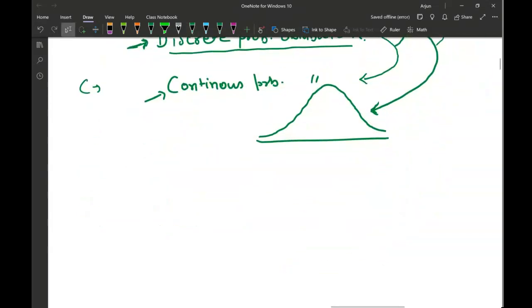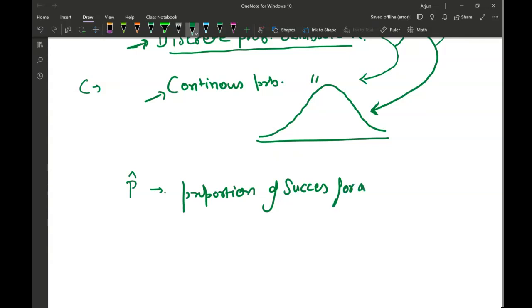When we talk about the sample proportion, there are certain terminologies we need to understand. The first one is p hat, the proportion of success for a sample.